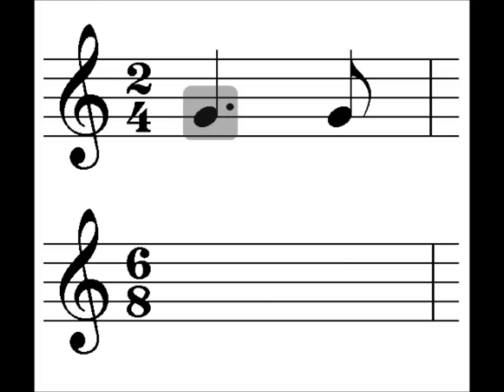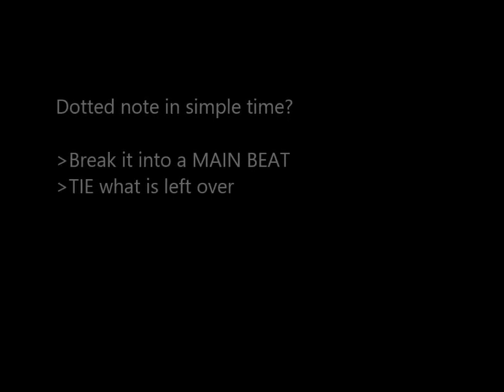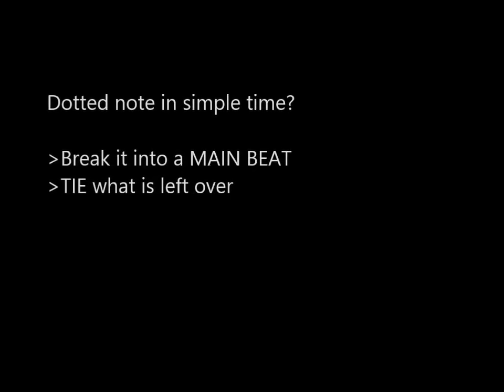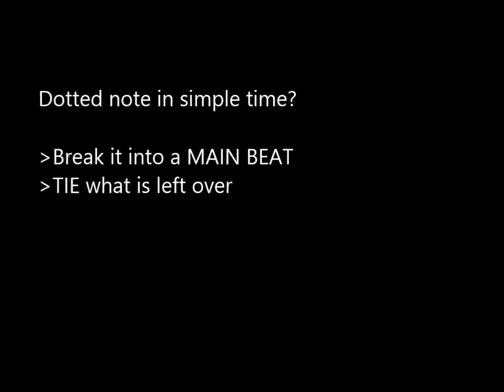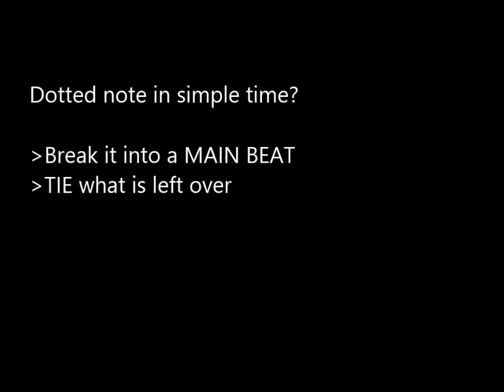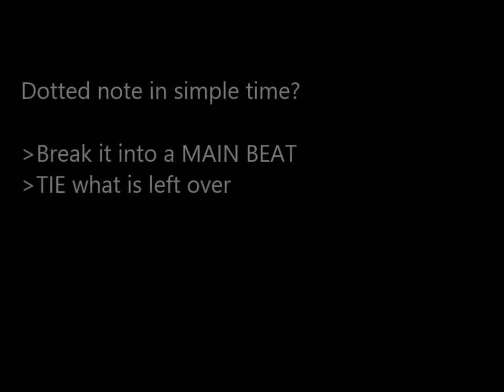Finally, let's look at what happens when a note in simple time is already dotted. For example, this rhythm in 2/4. The crotchet is already dotted, so we can't just add a dot. When a note is dotted in simple time, the first thing you need to do is break it up into a full main beat tied on to whatever is left over.